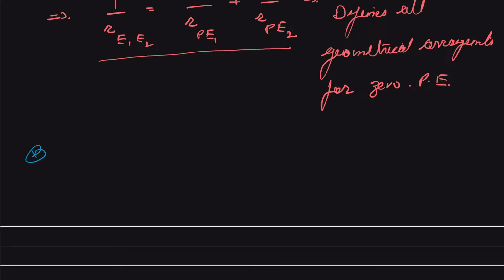So we are having a linear arrangement, and in the linear arrangement we can arrange one proton and two electrons in two different ways.